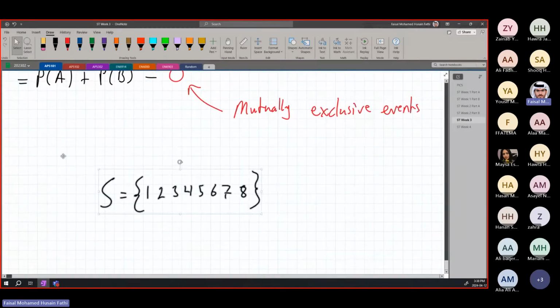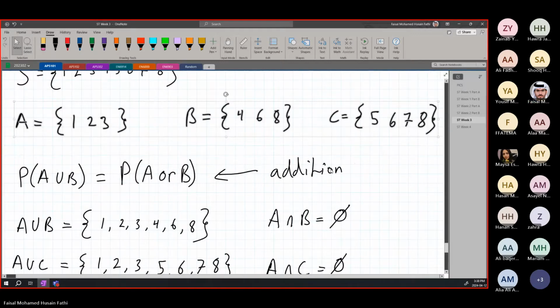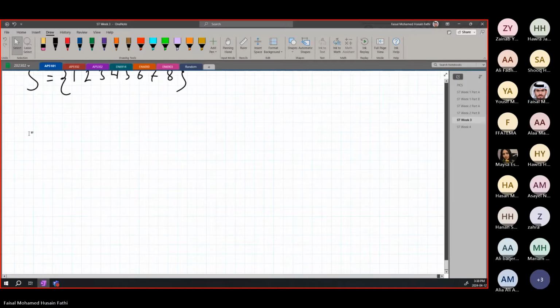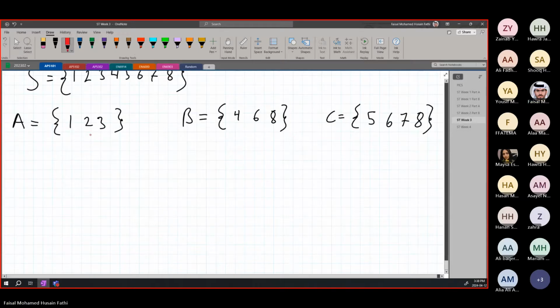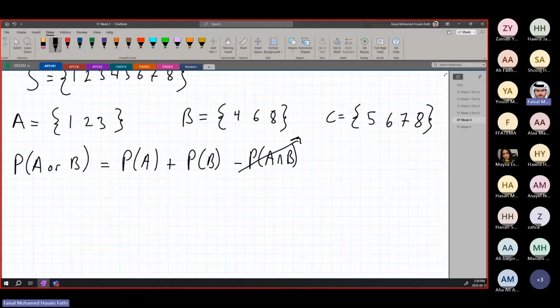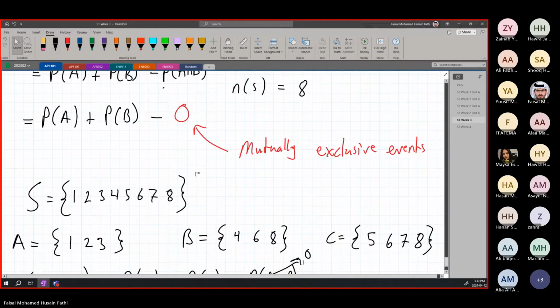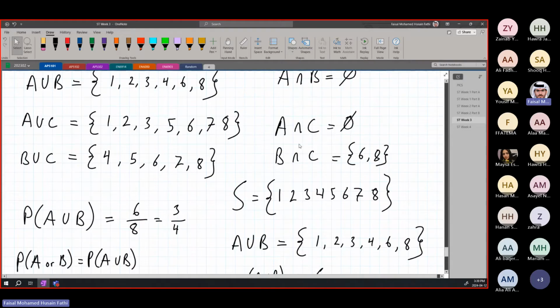So if I just write this down over here again, the formula is P of A or B is equal to P of A plus P of B minus P of A intersection B, but we have already found out that this is 0. Okay? Because again, the probability of nothing happening is 0%. A intersection B is phi.